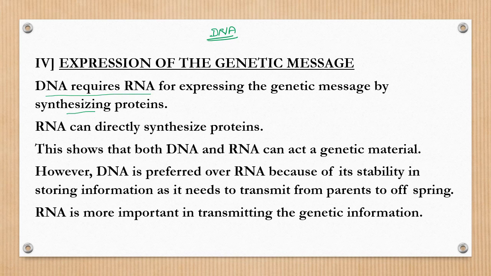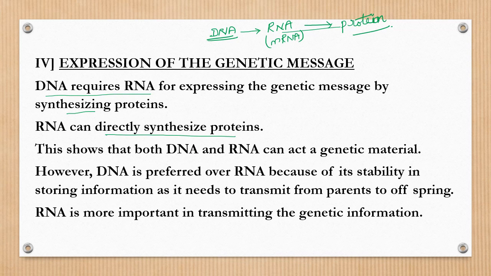DNA copies its information to RNA, particularly mRNA. This mRNA brings that information to the ribosomes to synthesize protein. Whereas RNA can directly synthesize the protein; it can give direct access to the ribosomes to synthesize that protein.